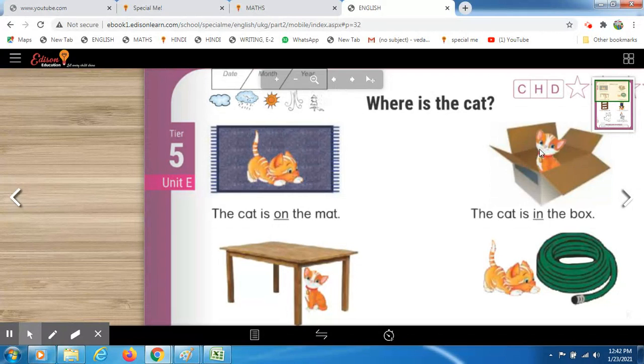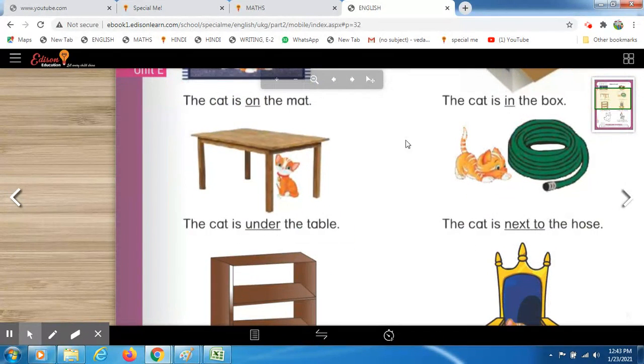Okay, here see this picture. Where is the cat? Now you have to take our cat very seriously. ठीक है, आपको cat को बहुत seriously देखना है that where is she. So here the cat is in the box. Where is the cat? The cat is in the box. Box के अंदर है, right?